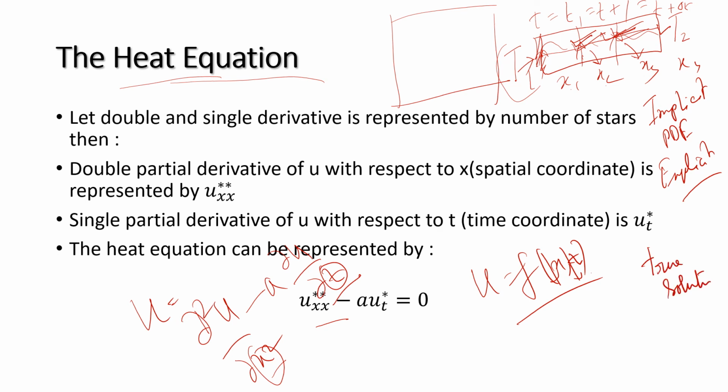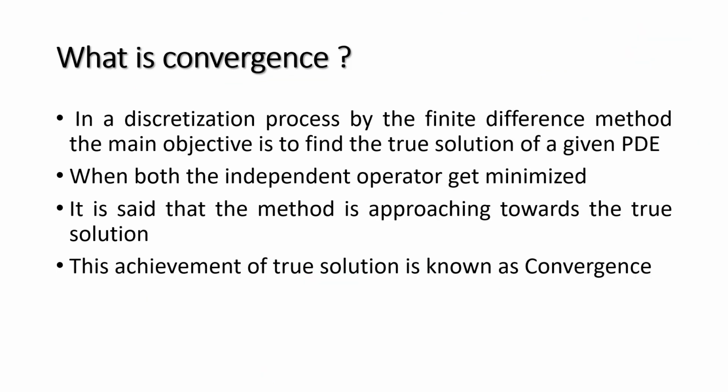But generally, in case of rod or in case of plate, we compare the approximate solution with the value of temperature that is already known to us. So here you see both T1 and T2 are known. So we try to compare with the approximations, right? So I have already discussed about this. What is convergence?